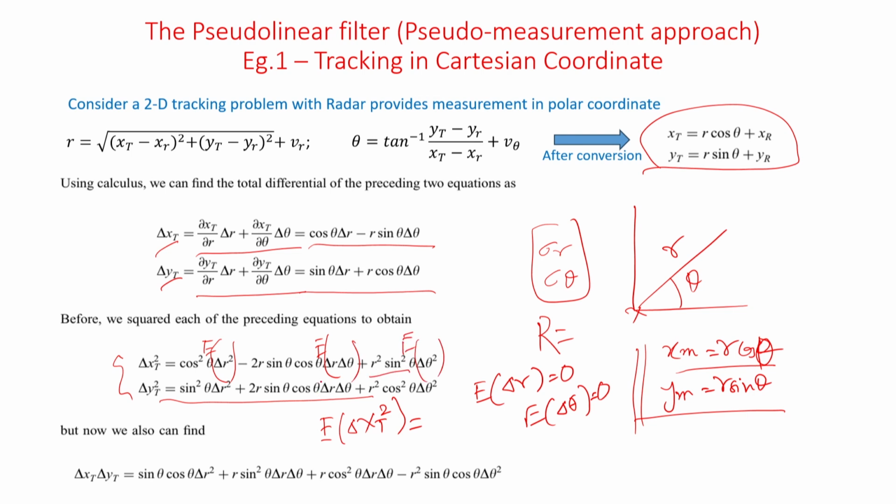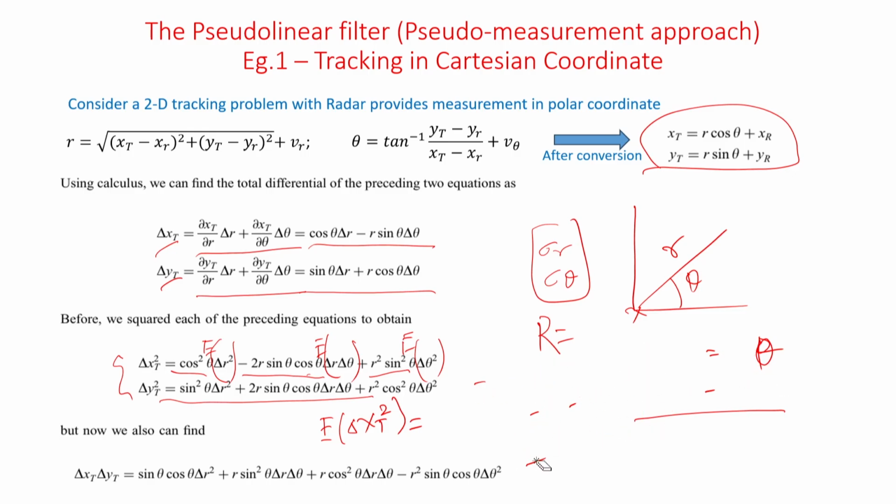Rest all things are predicted values, so they are constants, you can take them out safely. Now, the expectation of delta r square is your sigma r square, the expectation of delta theta square is your sigma theta square, and since it is a Gaussian assumption, delta r and delta theta are uncorrelated to each other. So, obviously, the cross covariance of delta r delta theta will be 0. So, this term vanishes.